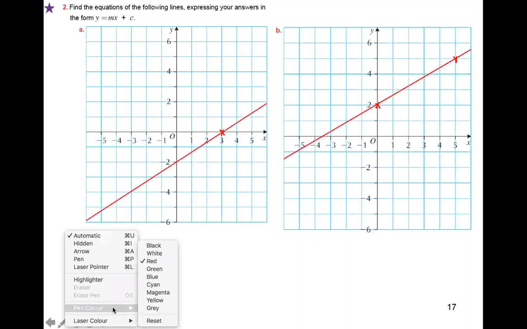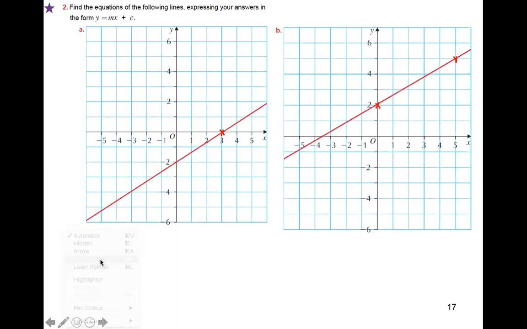So we can find it that way if we can't remember any of the formula, or we can just use the formula that we've been given, where it tells us that m is y2 minus y1 divided by x2 minus x1. Now we need to identify a couple of points in order to extract x1 and x2, y1 and y2.